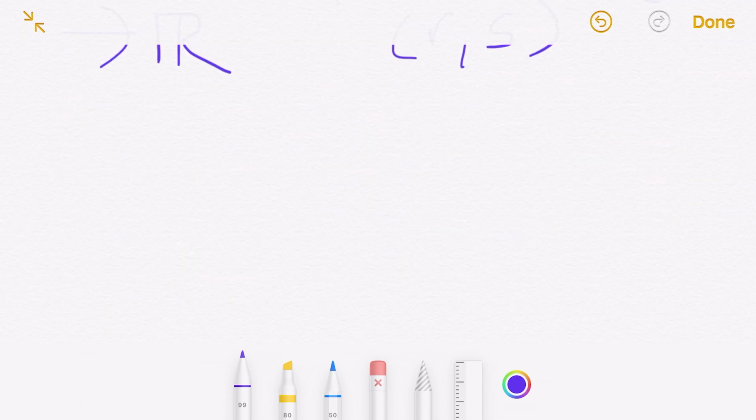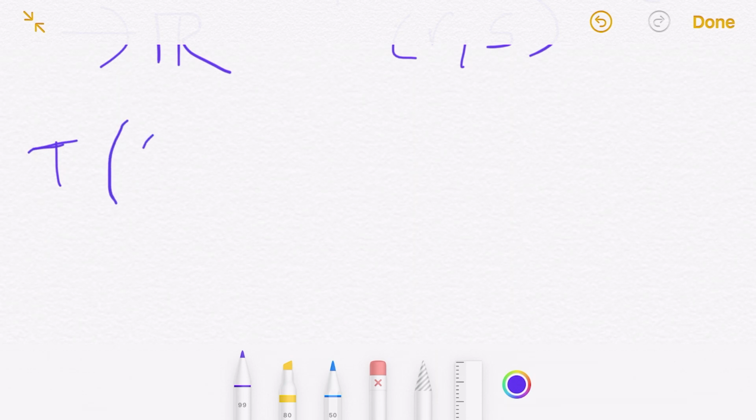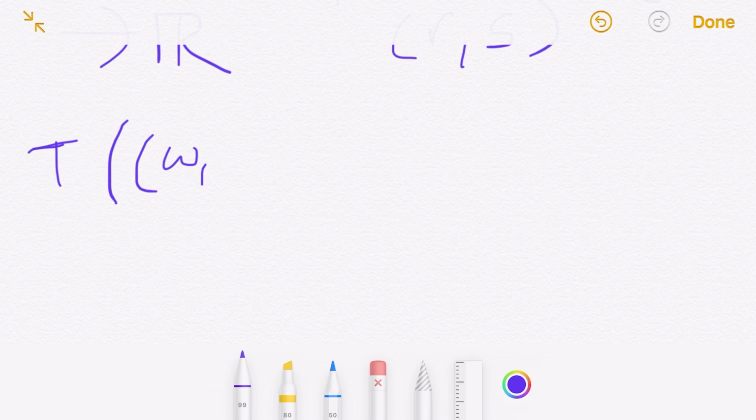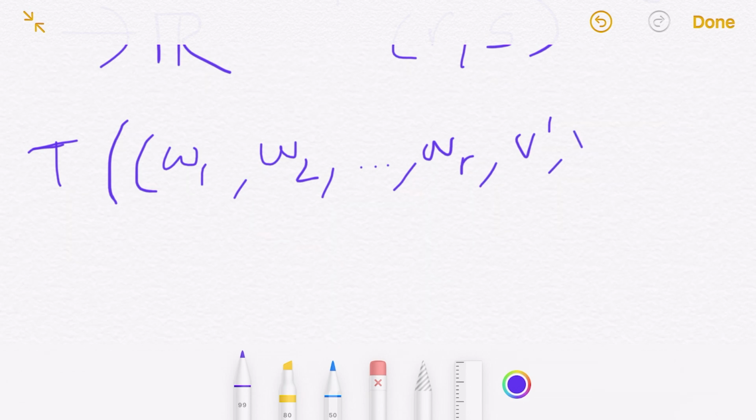So how will one visualize this? If you take a tensor and you act on the following list, let's call this omega 1, omega 2, dot dot dot, omega R, v1, v2.